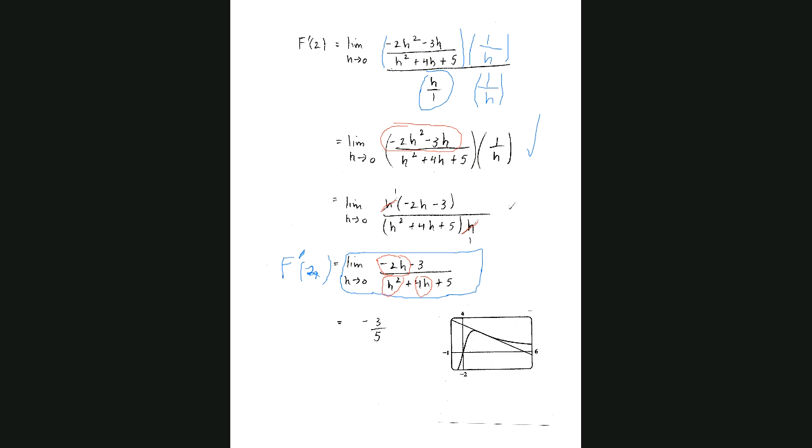So f prime of 2 equals negative 3/5. Now that's the slope. That's our slope. And we'll get to this picture here on the right in just a moment.